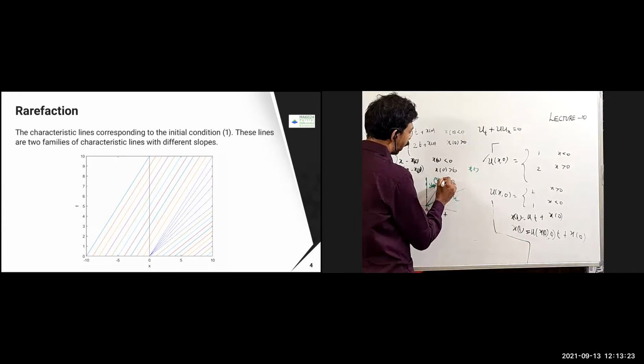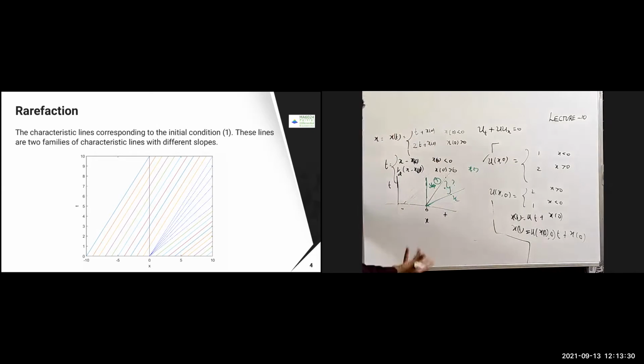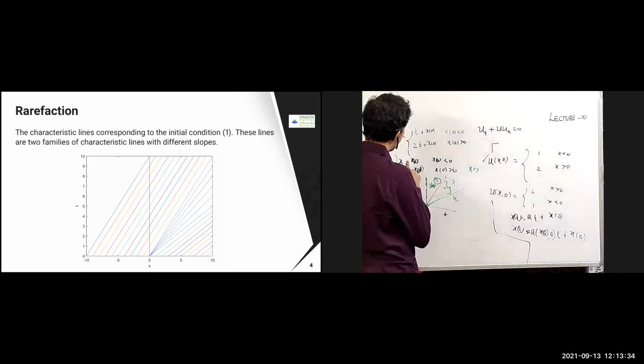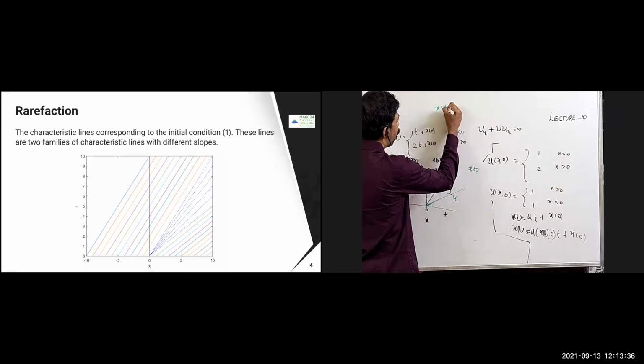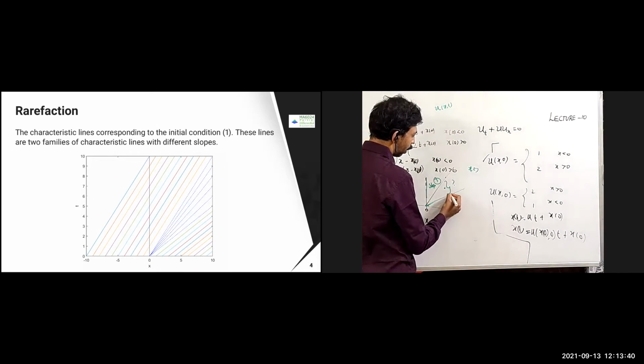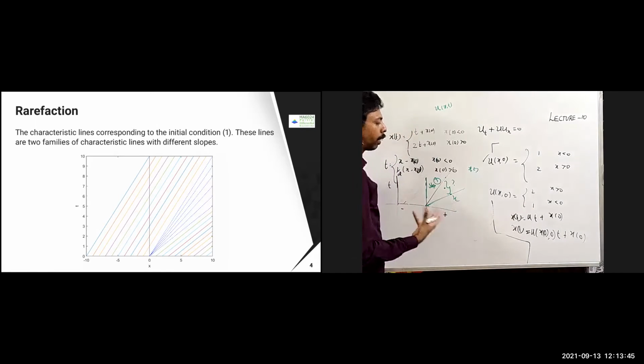Because I have to find u of x comma t for all x comma t. Now if x comma t is in this line, I can find it. But if my x comma t is somewhere here, what is it going to be?